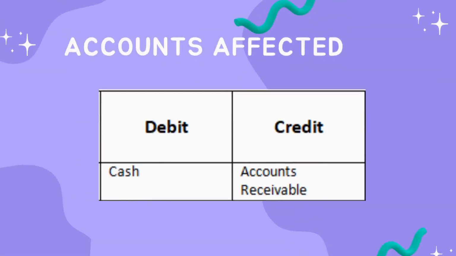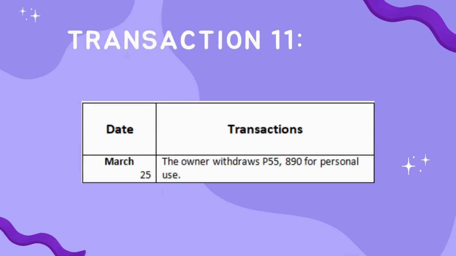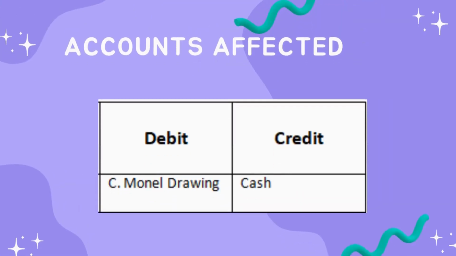The account affected in debit is cash, and in credit is accounts receivable. Transaction 11, March 25. The owner withdraws 55,890 for personal use. The account affected in debit is Monell, Drawing, and in credit is cash.